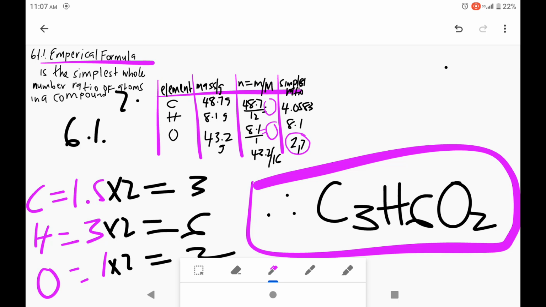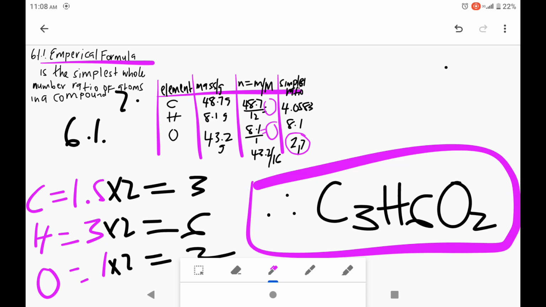For molar mass, just go to your periodic table and study all those elements. They have atomic number, mass number, electronegativity. We usually use the mass number when we're calculating the molar mass for the empirical formula.